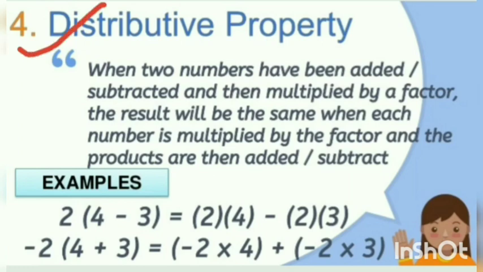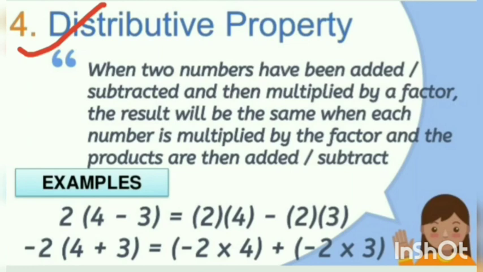As we had discussed, we have to distribute the member which is outside the bracket to each and every member which is inside the bracket. Depending upon that, we have two types of distributive property of multiplication. First one is distributive property of multiplication over addition and second one is distributive property of multiplication over subtraction.